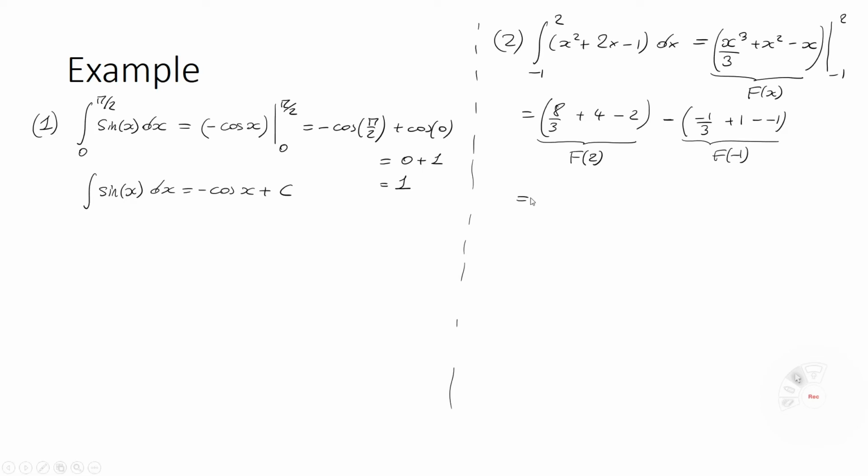And now of course we can simplify that a little bit, and you should get 14 over 3 minus 5 over 3, so that is 9 over 3, or 3 in total.